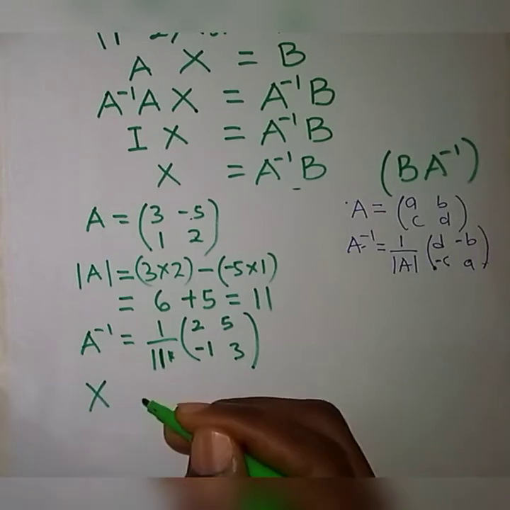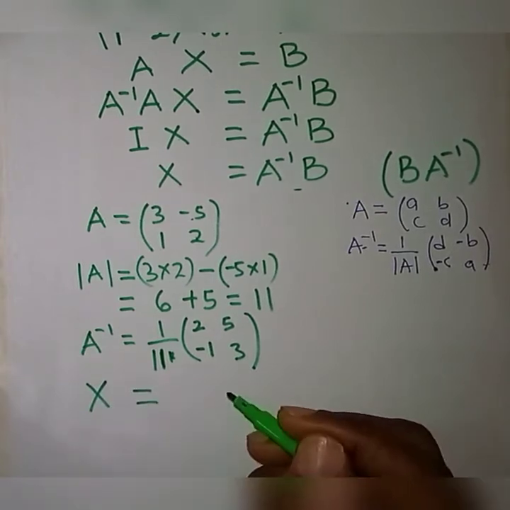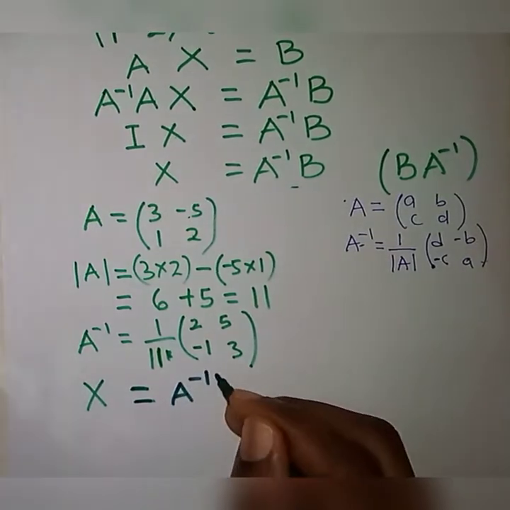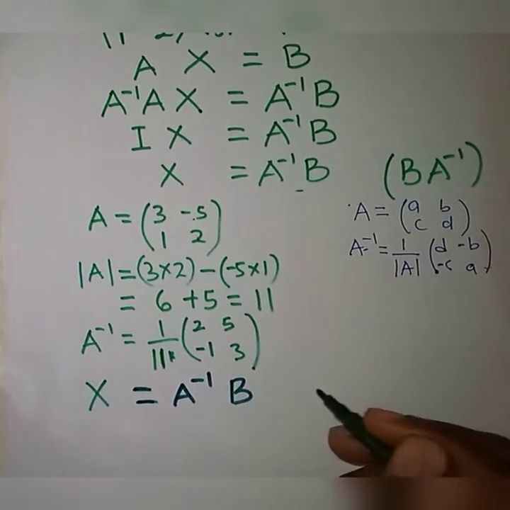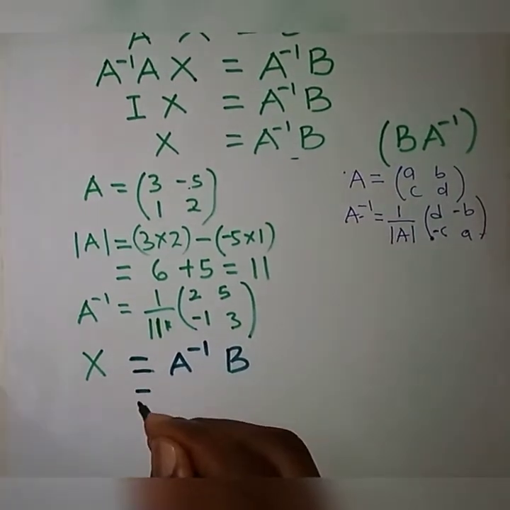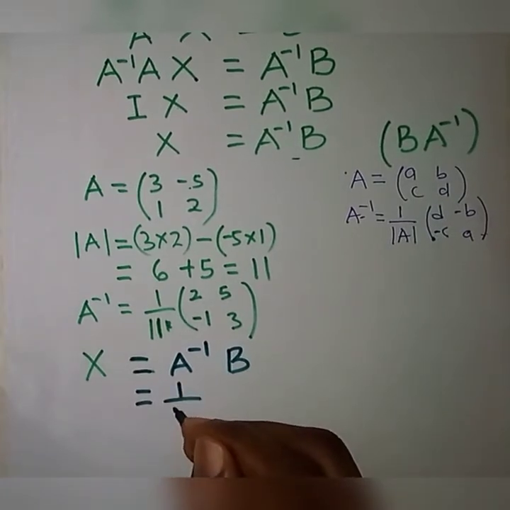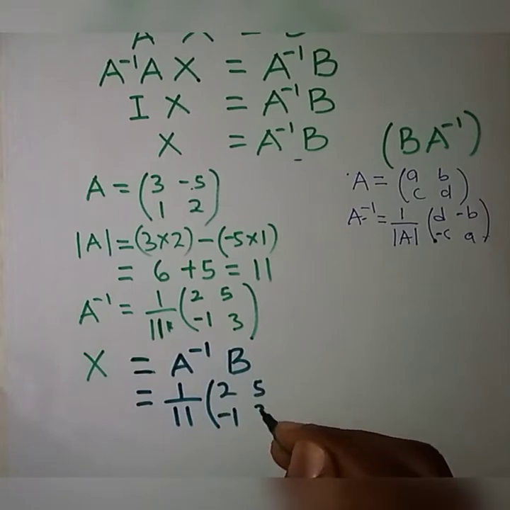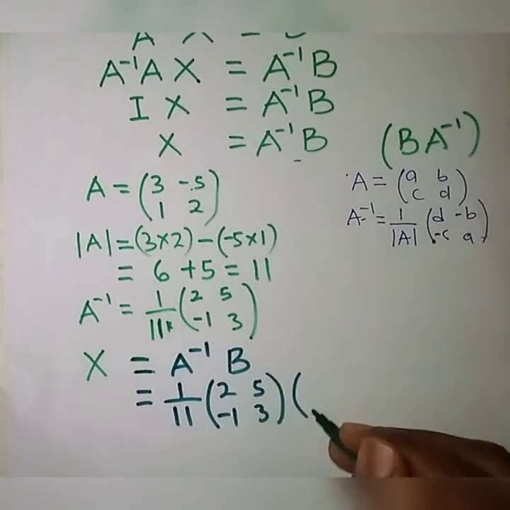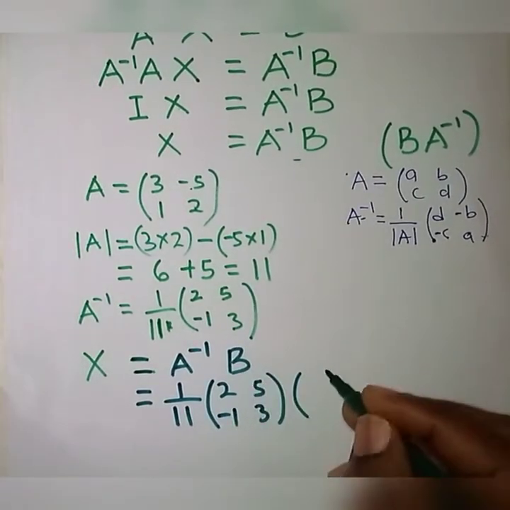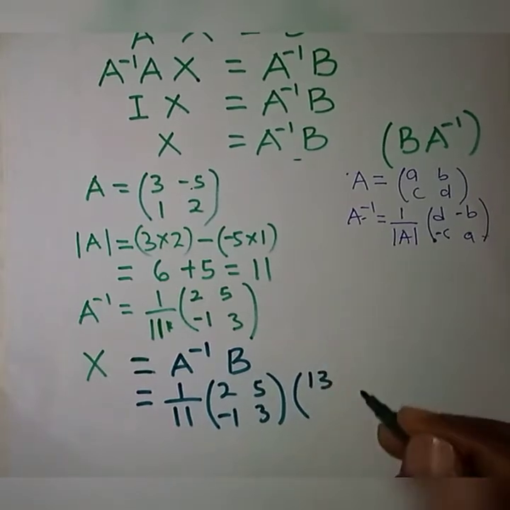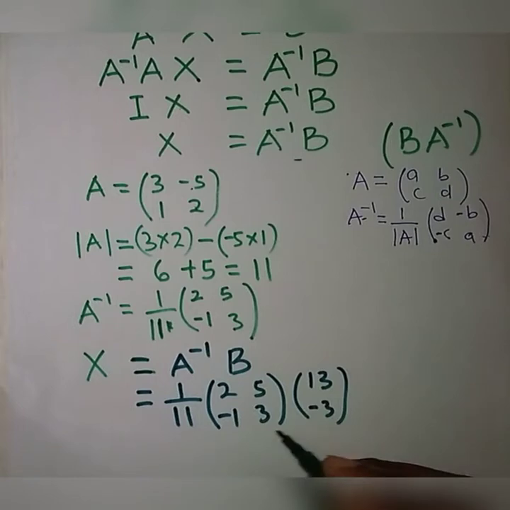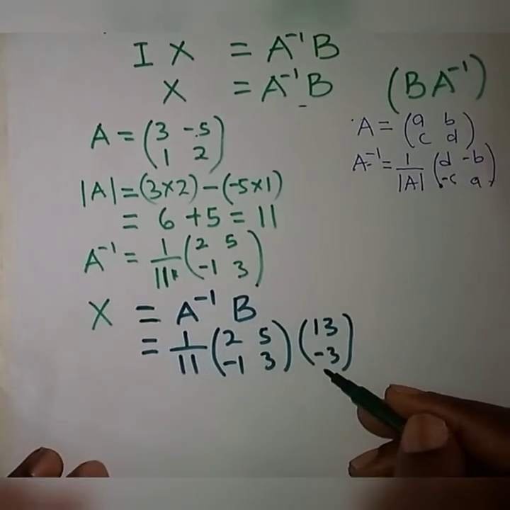So x will be equal to A inverse times B. And that is equal to A inverse, which is 1 over 11 times 2, 5, minus 1, 3, times B. B is the column matrix 13 and minus 3. So we multiply these two matrices.